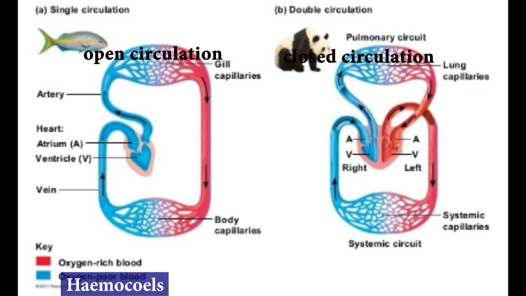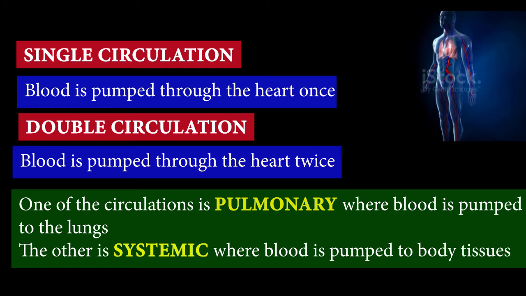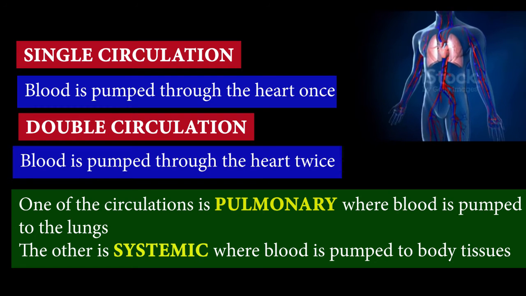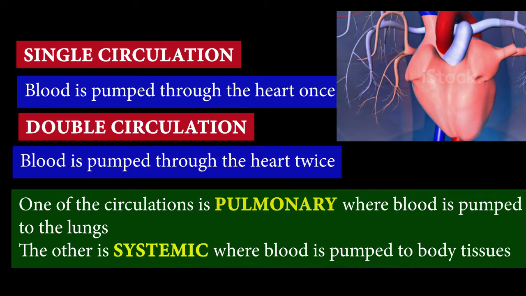In animals that have closed circulation, that is the vertebrates, the less advanced vertebrates, such as fish, have a single circulation, where blood is pumped by the heart once in one full circulation. On the other hand, more advanced groups of the vertebrates, such as the reptiles, mammals, even birds, have a double circulation.